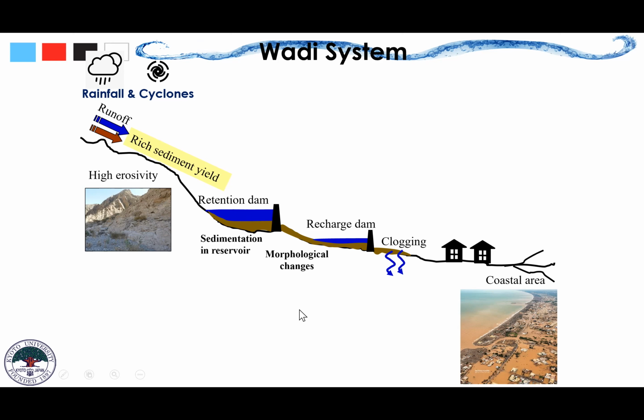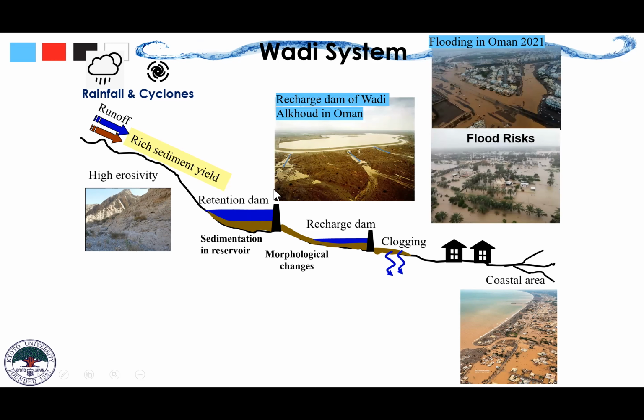But these recharge dams sometimes cause lots of clogging of infiltration in the soil. Clogging means very fine sediment will enter between large particles, and then the soil will be sealed or dammed. Nothing will go through the soil due to such clogging.